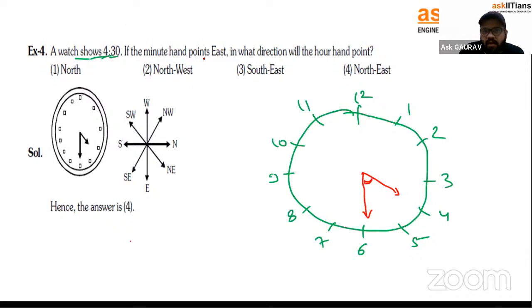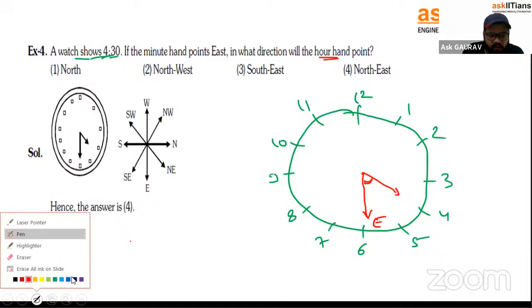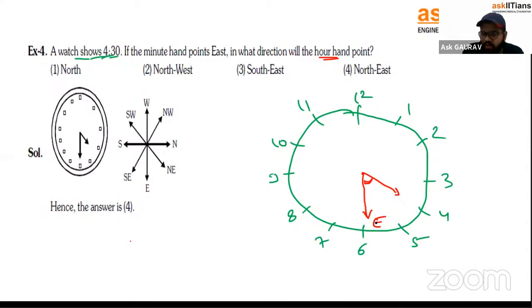This is what 4:30 means, right? If the minute hand points east, the question is saying that this point, the minute hand, is east now. What will the hour hand point to? If you consider this direction as east, then the opposite of it will be west.